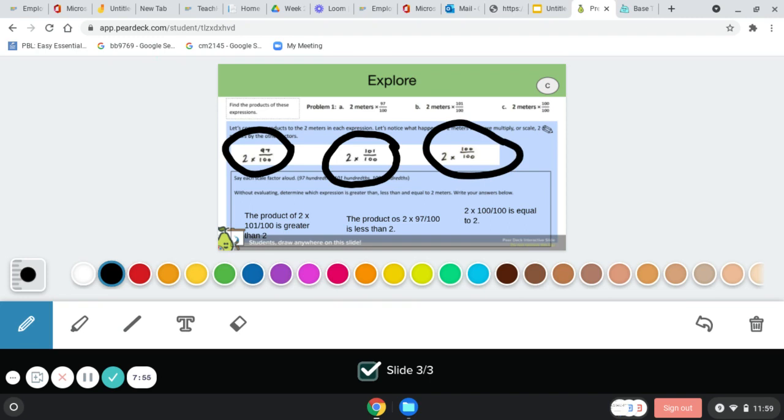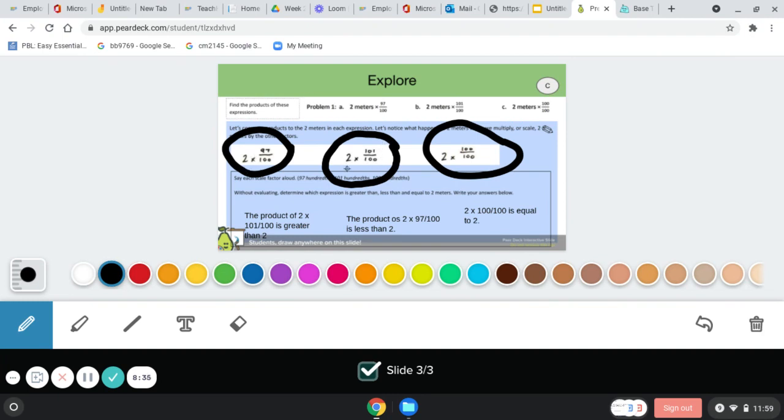And we took care of that one. So we scaled the whole number 2 by different fractions. We scaled it by 97 hundredths, by 101 hundredths, and then by 100 hundredths. And what we were able to determine was that when you are scaling the whole number 2 by a fraction that is less than 1 whole, your product is going to be less than 2, in this case, less than the whole number.